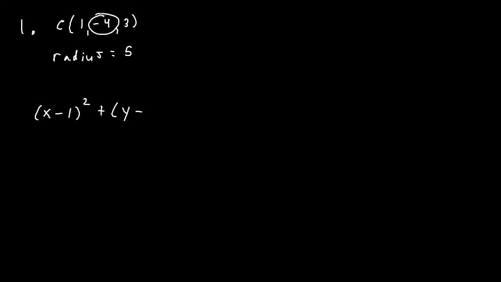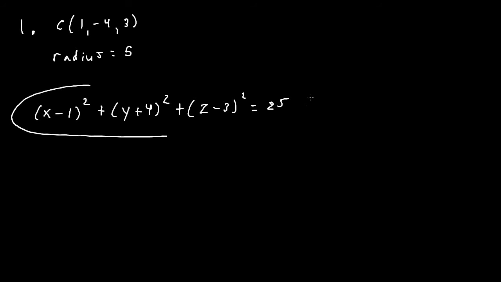If we subtract -4, then we're basically adding 4, squared, and then plus z minus the z coordinate, which is 3, squared, and that will equal the radius squared. If the radius is 5, 5 squared will be 25. So this is the equation of this specific sphere.